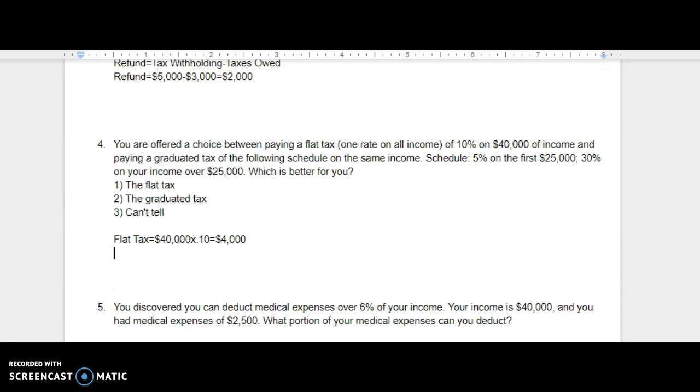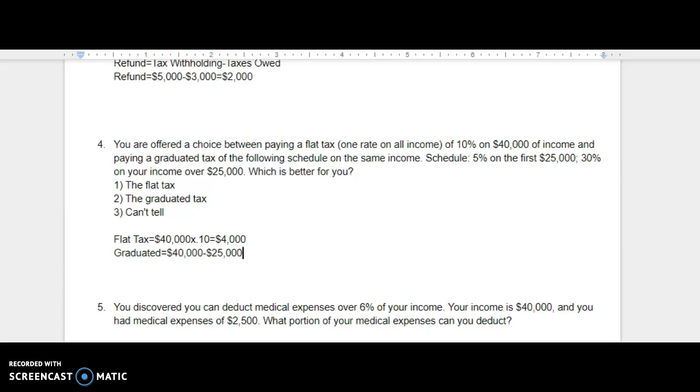So now let's take a look at the graduated tax. For the graduated tax, we're going to have to look at the different tax brackets like we did in number 1. So we earned $40,000. The first tax bracket is $25,000. So our first $25,000 will be taxed at 5%. And then our remaining balance, let's figure out what that's going to be.